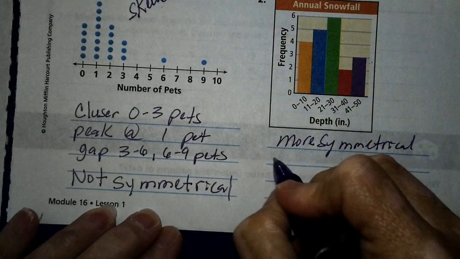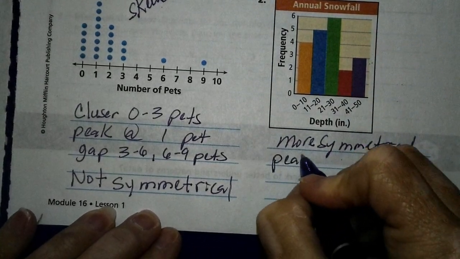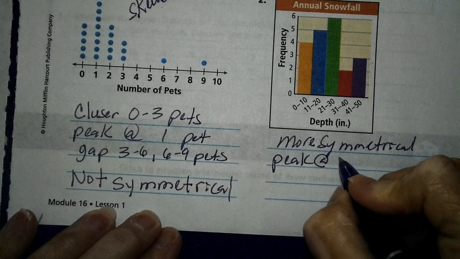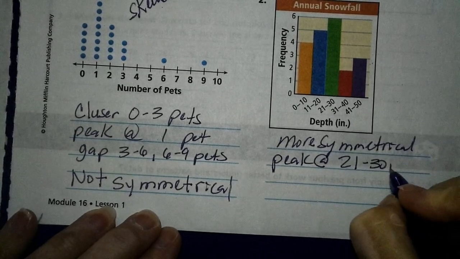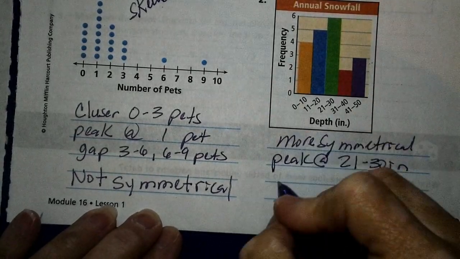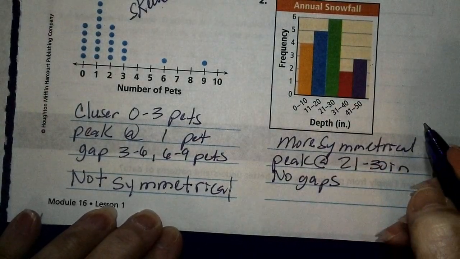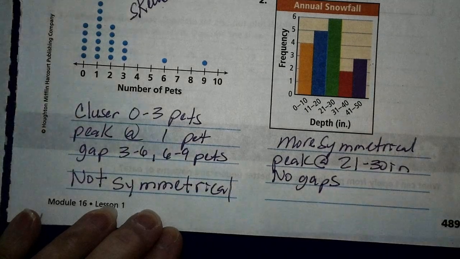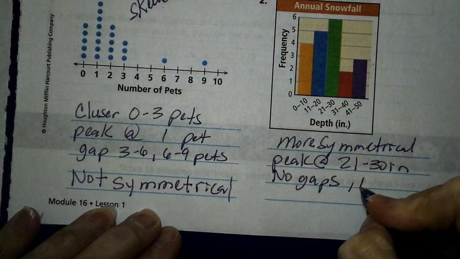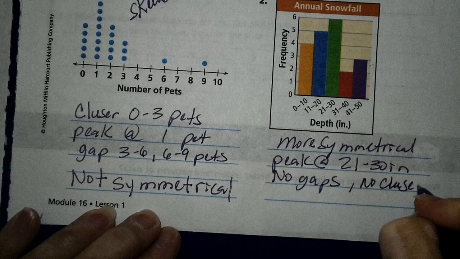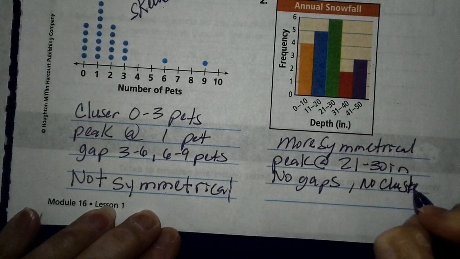Okay, there is a peak between 21 and 30 inches, but there are no gaps and really no clusters either. Clusters.